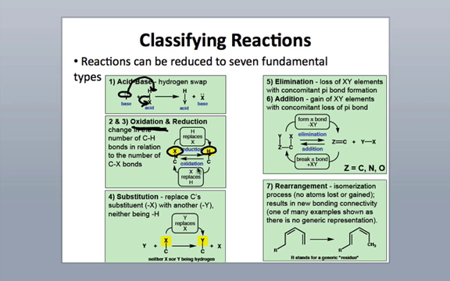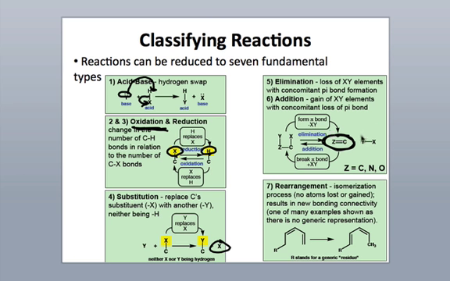Substitution is number 4, and that essentially replaces one group on carbon with another, and in the process kicks off the originally substituted group in the form of a leaving group. 5 and 6 are opposites of each other, elimination and addition. Elimination is the formation of a double bond or a pi bond with the cleavage of 2 single bonds.